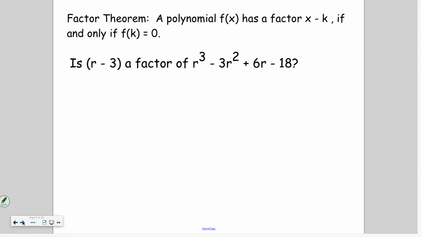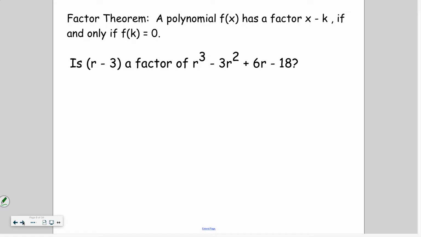Okay? So we're going to see if r minus 3 is a factor of r cubed minus 3r squared plus 6r minus 18.